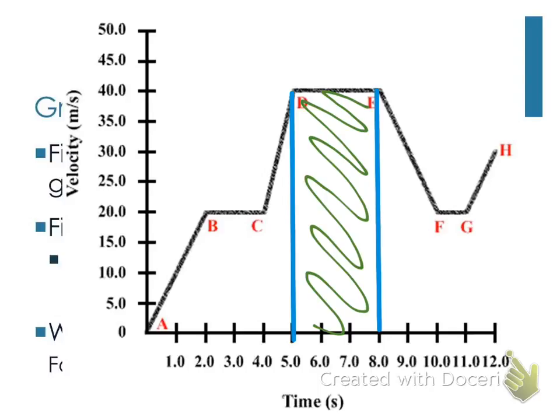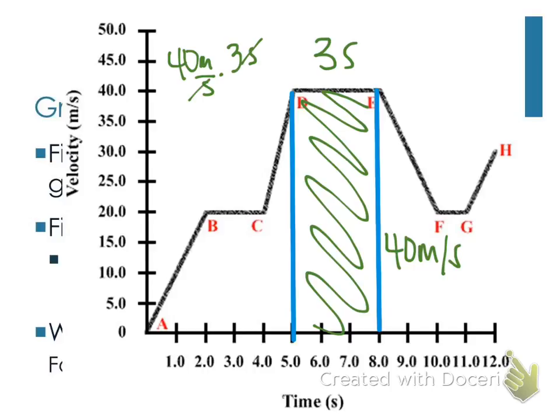So what would the length of this side be here? 3 seconds. And the length of this side here? 40 meters per second. So I'm going to multiply those: 40 meters per second times 3 seconds. I'm getting rid of seconds, and that leaves me with 120 meters.